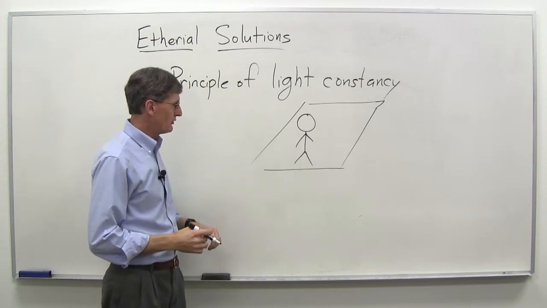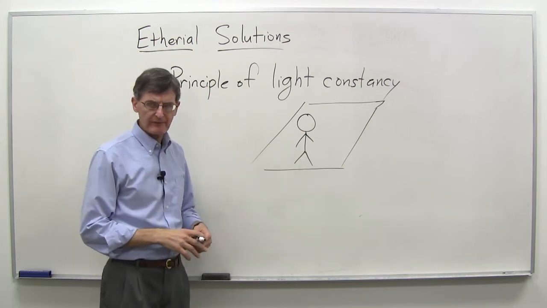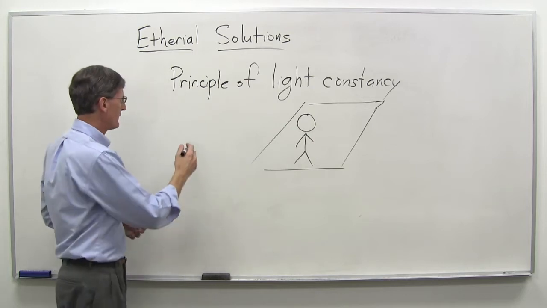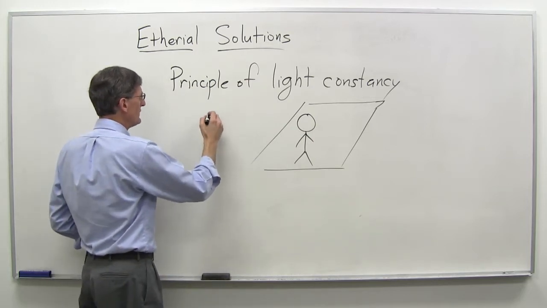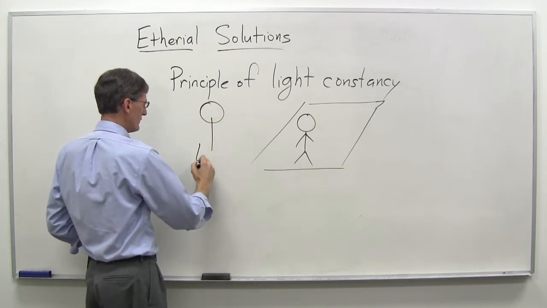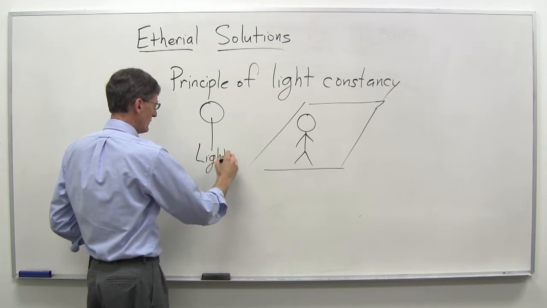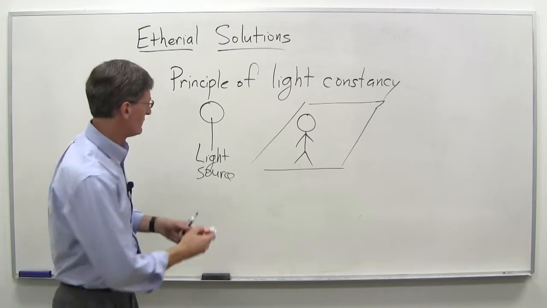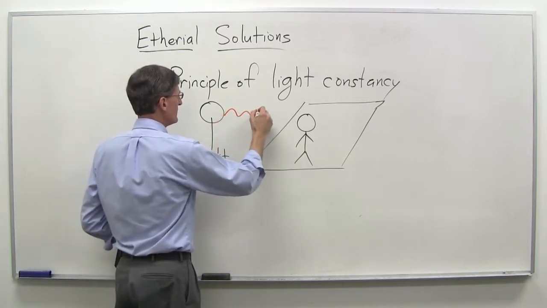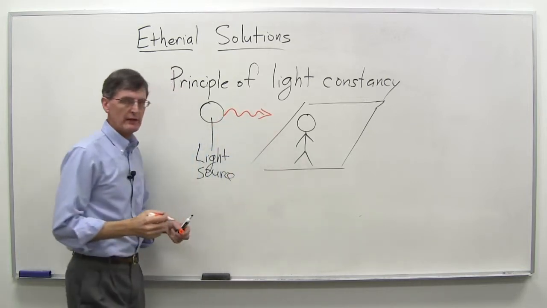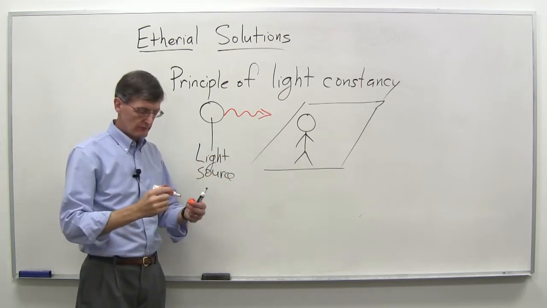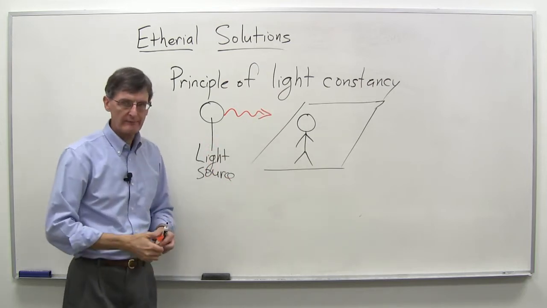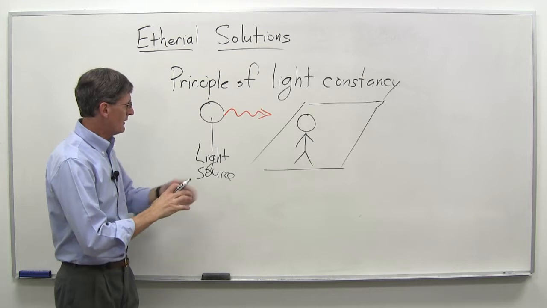That's what I was trying to draw here to indicate that. And over here we have a light source, generating a light beam that is going to travel past Alice here, or Bob, or whoever we want, observing it there.